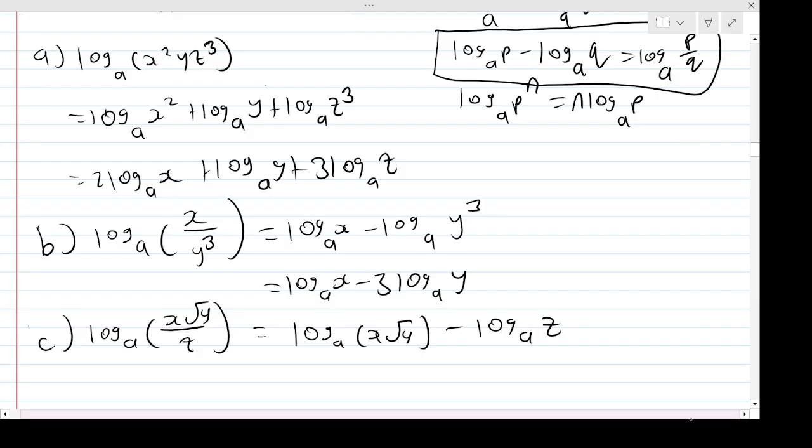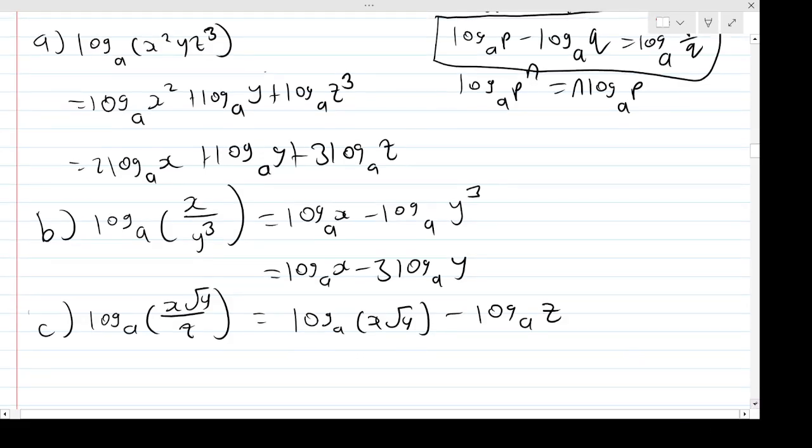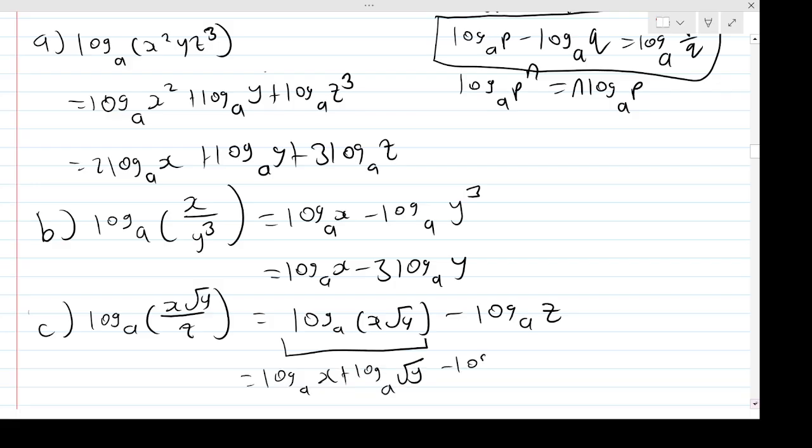Log a z is just z, that's cool. But here I've got x root y, so I'm going to need to further split this up. Again I've got a product, so I can split up this log to say that it's log a of x add log a of root y, take away log a of z.